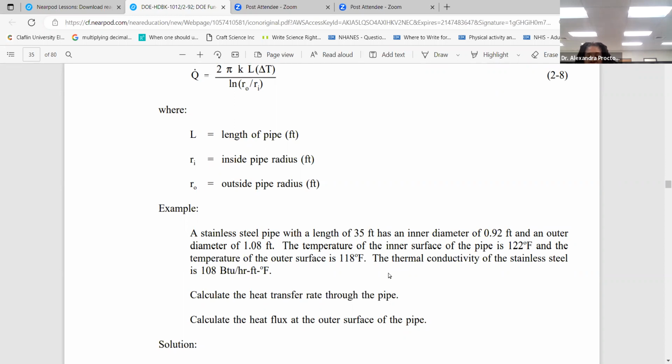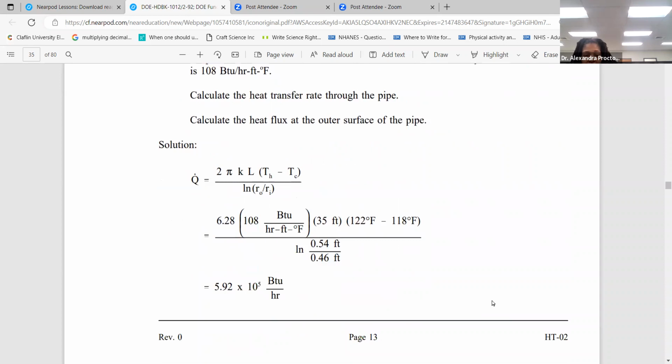So the thermal conductivity of the stainless steel is 108 BTU per hour foot degree Fahrenheit, and they ask you to calculate the heat transfer rate through the pipe and to calculate the heat flux at the outer surface of the pipe. So they go through and solve the problem.